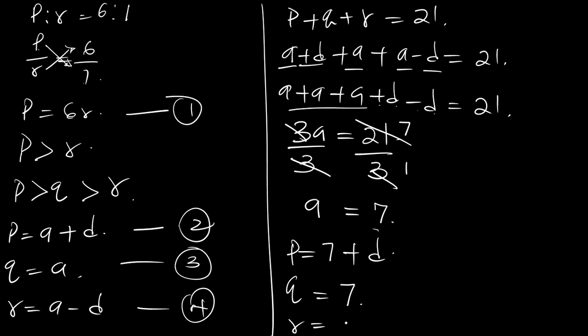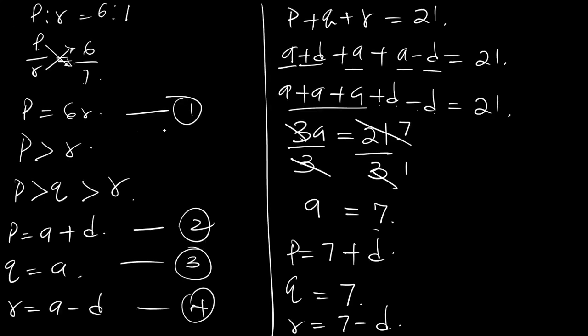R will now be equal to 7 minus D. Now we have gotten this. So the next thing was that from equation 1, P is equal to 6R.